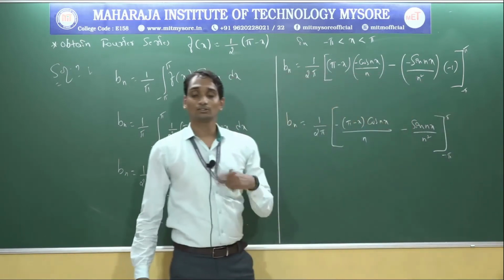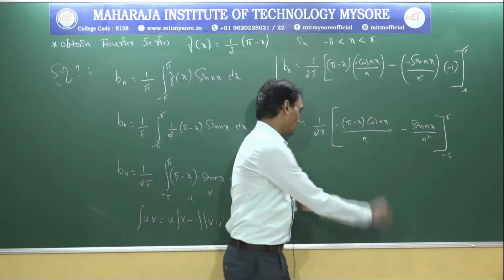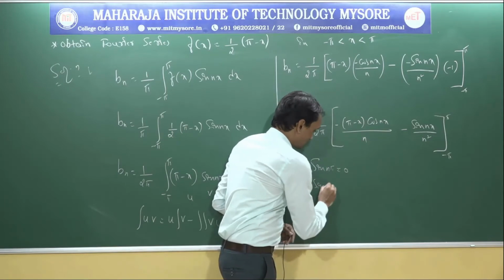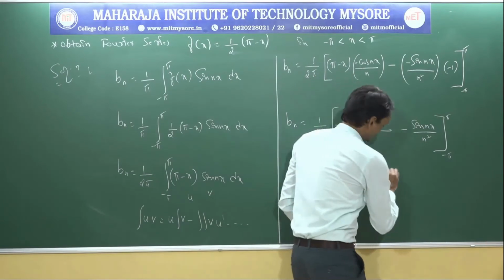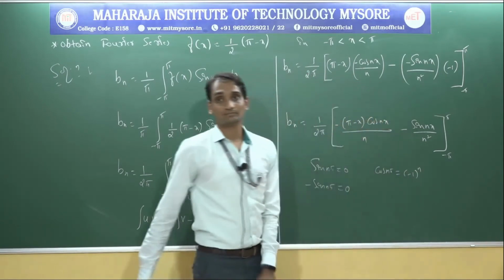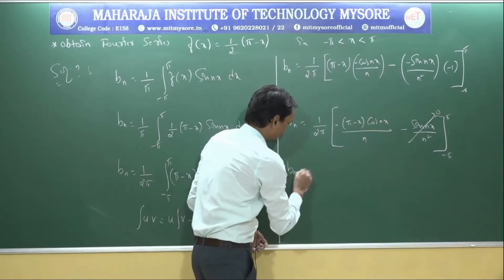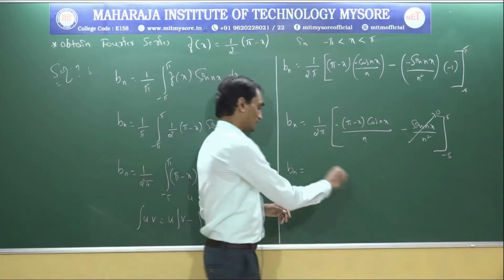Again we have the values: sin n pi is 0, sin of minus n pi is also 0, and cos n pi means minus 1 power n. So the second term becomes 0. Now we can take n outside as well as the negative value.